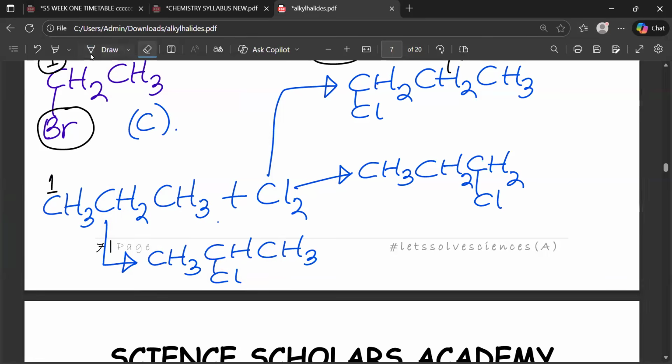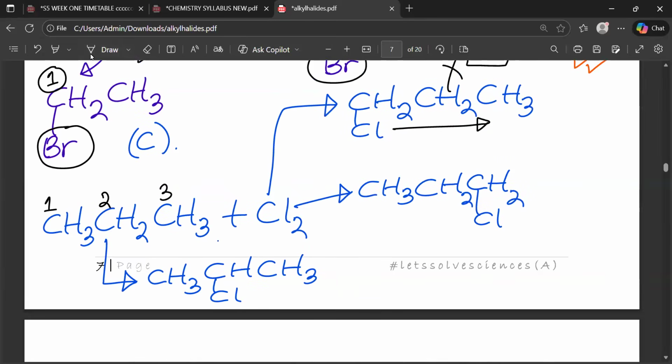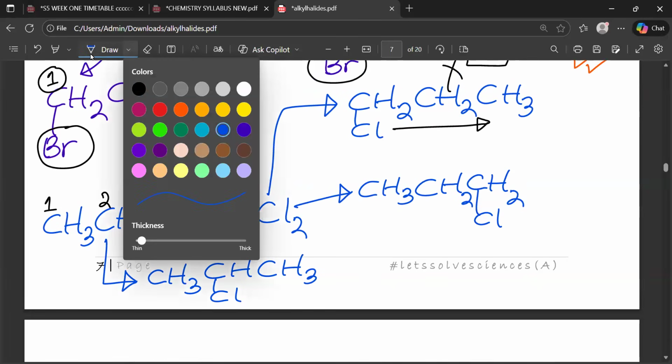So I'm assuming the product we are going to form occupies each of them separately. We want to see what actually happens. In nomenclature, we always consider the lowest possible position. So for this case, when I consider this direction, where the Cl is touching will be carbon number 1.